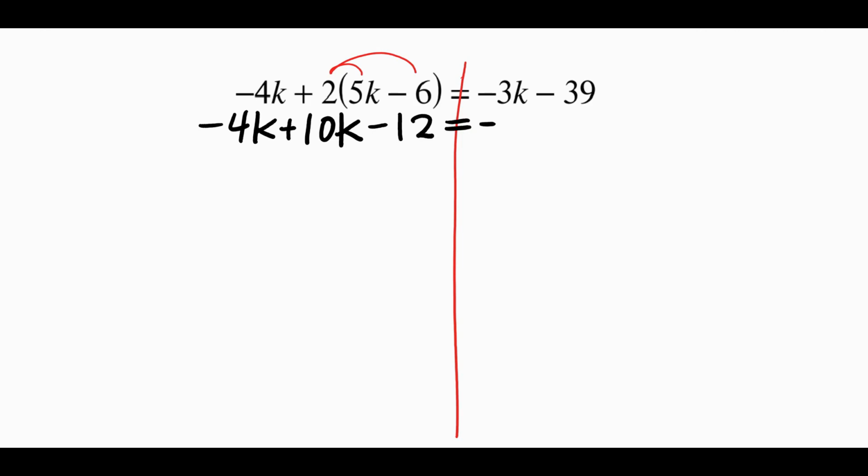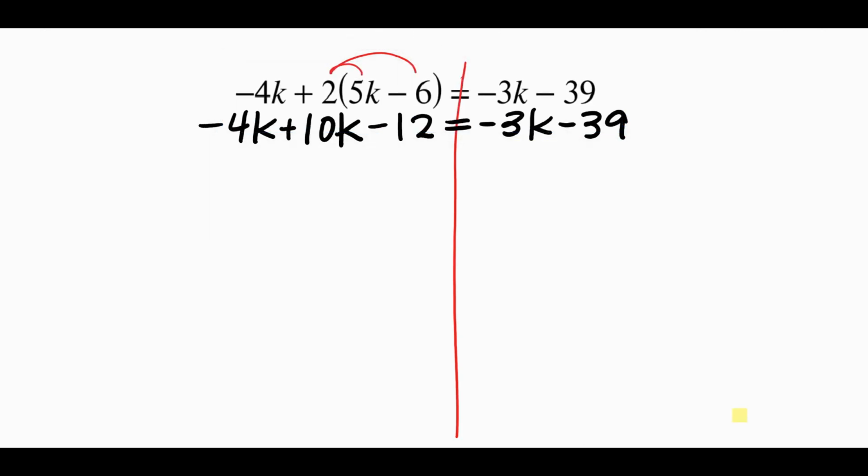Bring down the equal sign and bring down the negative 3k minus 39. Now I look for like terms that I can combine that are on the same side of the equal sign. Over here on the right side, there's not like terms. The 39 doesn't have a k, so I'm not going to combine them.